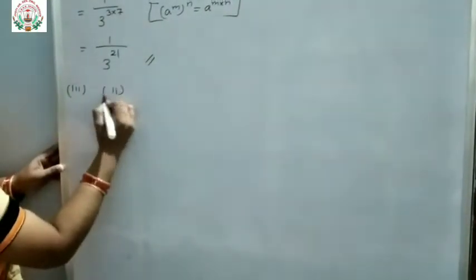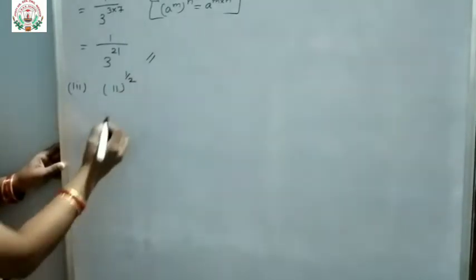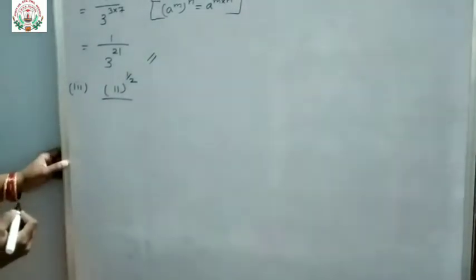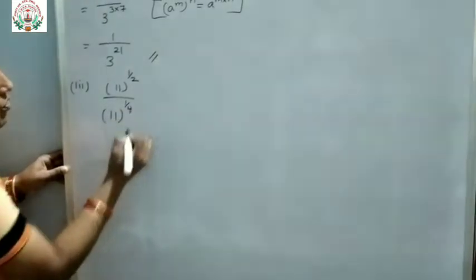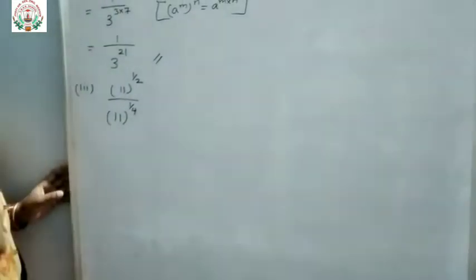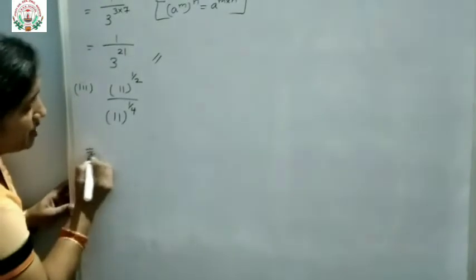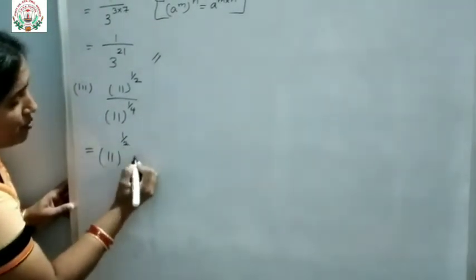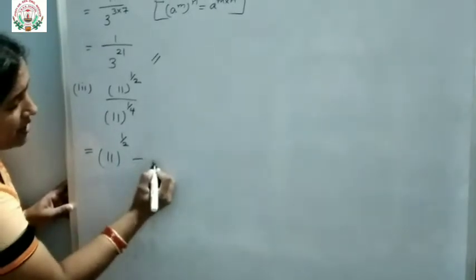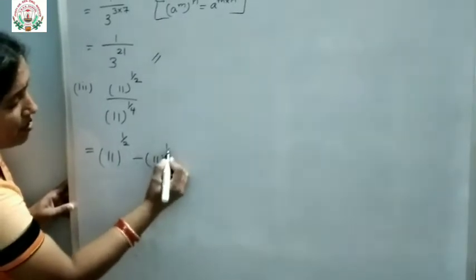11 to the power 1 upon 2 divided by 11 to the power 1 upon 4. This is the question given. So I can write it like this: 11 to the power 1 upon 2, divide sign, 11 to the power 1 upon 4.